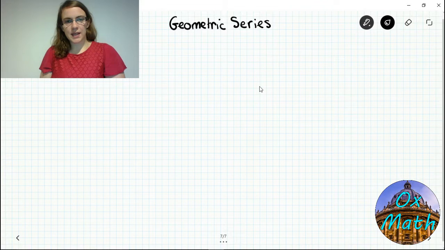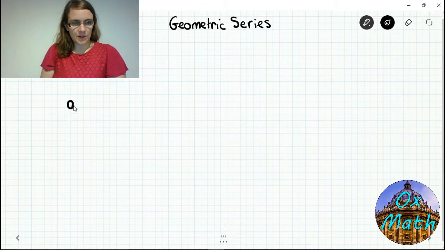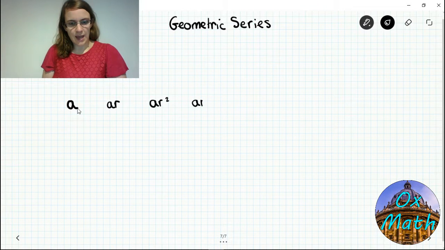A series is just a sum of all the numbers in a sequence. So a geometric series is the sum of all the numbers in a geometric sequence. Now remember, a geometric sequence, our general sequence is a, ar, ar squared, ar cubed, all the way up to our last term, which would be ar to the power n minus 1 if we had n terms in our sequence.